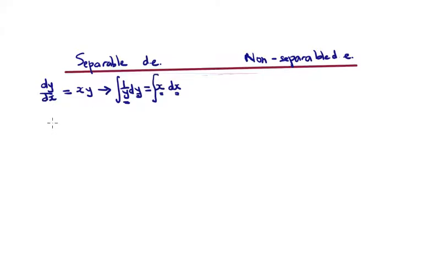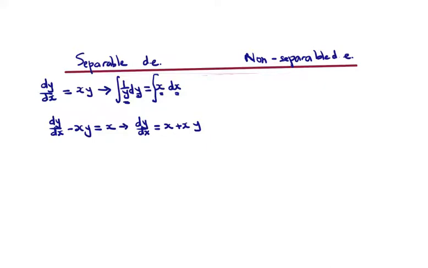One more example, dy/dx minus xy equals x, is also a separable differential equation, where we can add xy to both sides so that we have x plus xy.